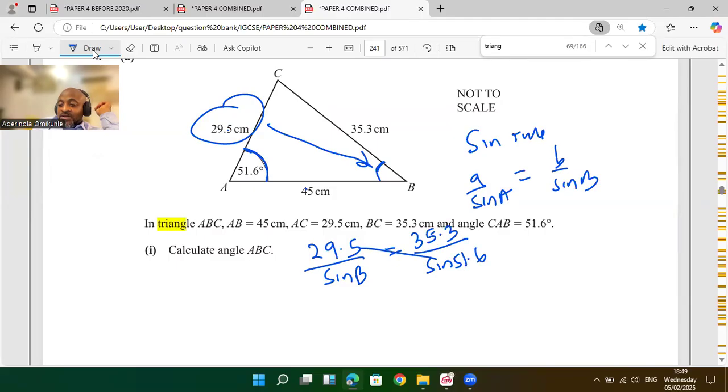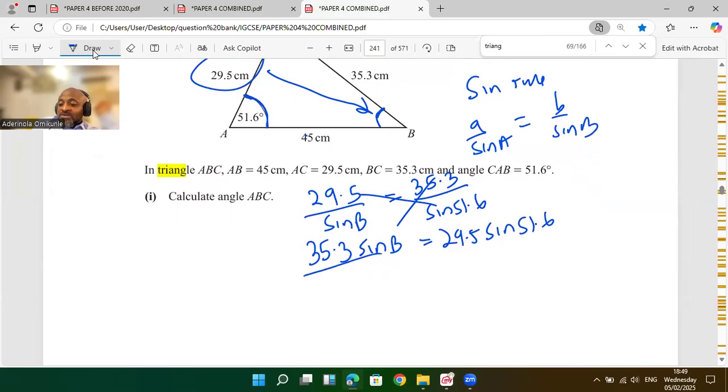Cross multiply. So that's 35.3 sine B is equal to 29.5 sine 51.6. Next, divide both sides by 35.3. Cancel, cancel.